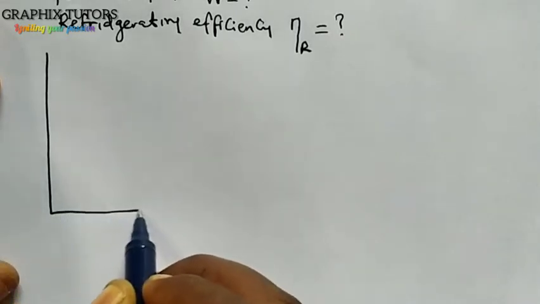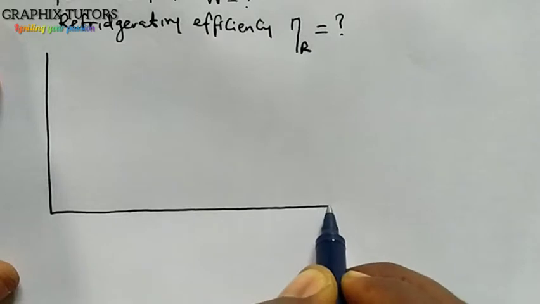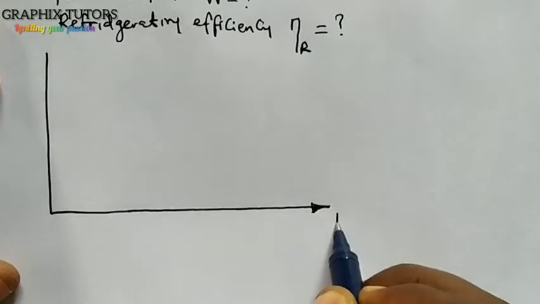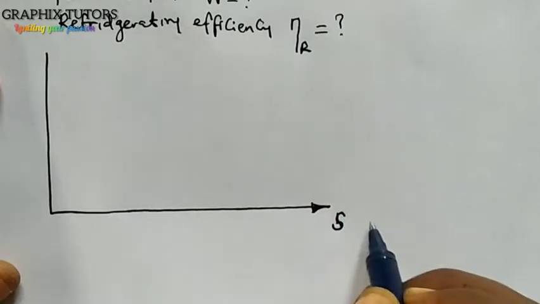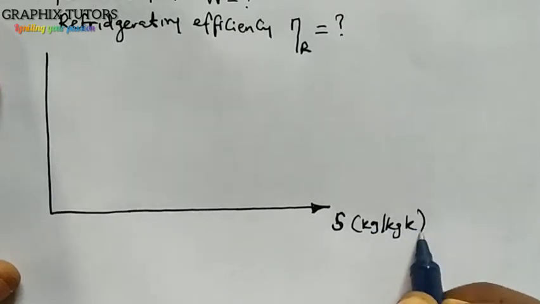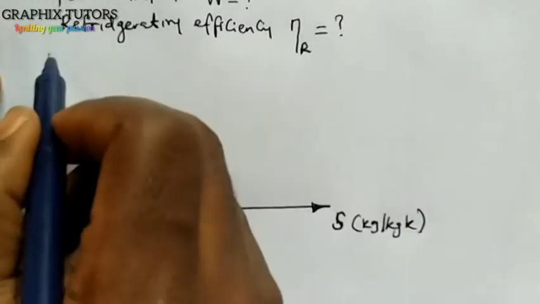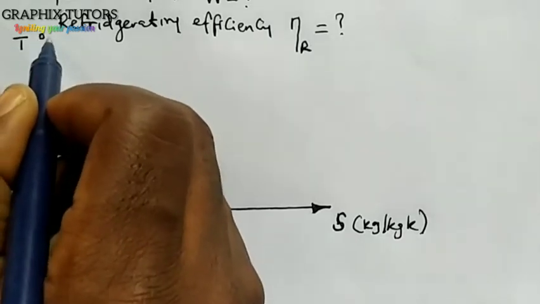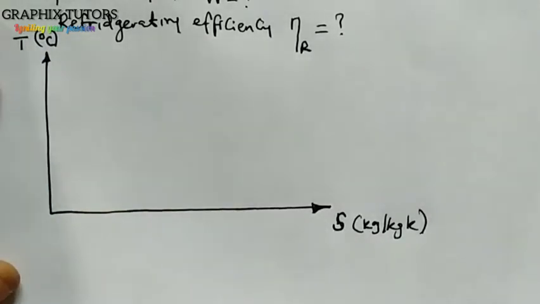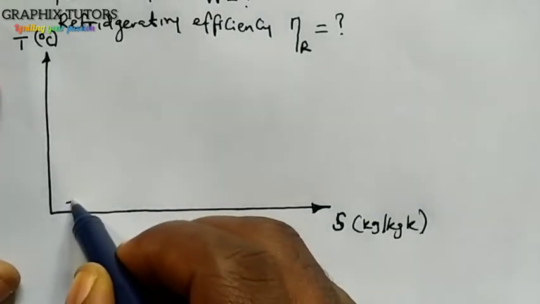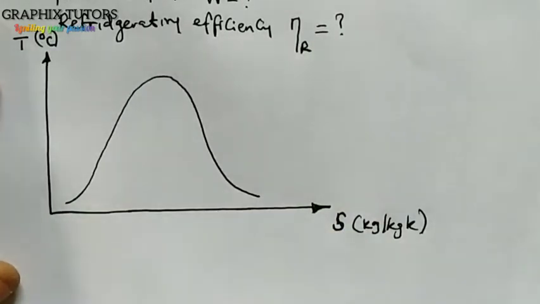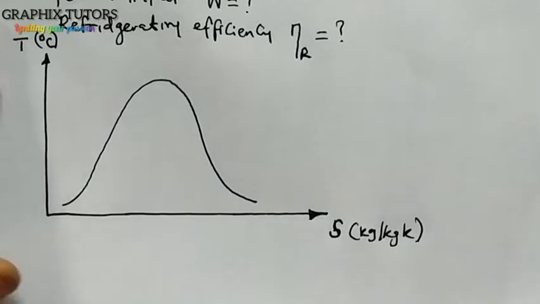This is T, this is the entropy, which is given in kilojoule per kilogram Kelvin, and we have the temperature, which is given in degrees Celsius. Now we'll draw our dome this way.